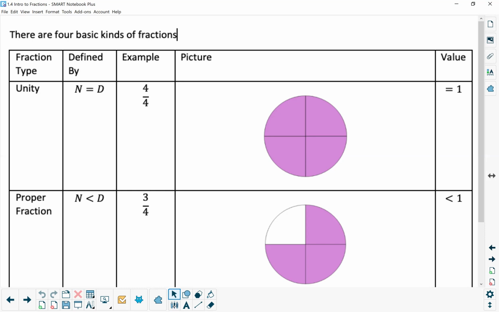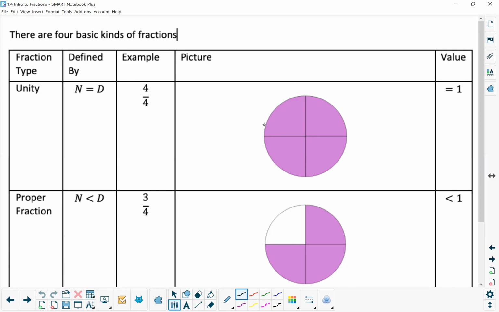For example, 4/4 would be the fraction the way it's written as a picture, and a lot of times we use circles for our picture because you can split those pretty easily into a lot of different ways. So this would be 4 pieces, all 4 pieces shaded. We get a value of 1.